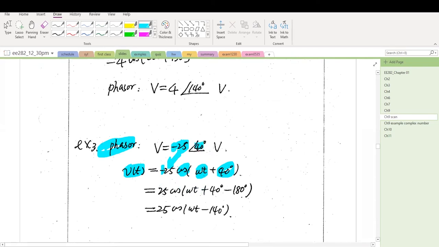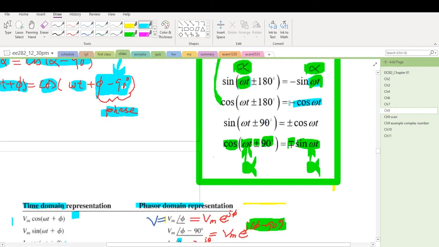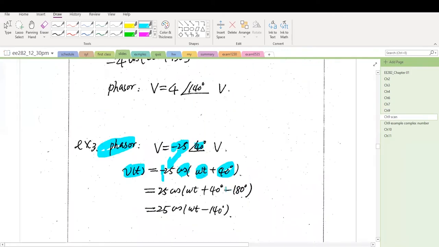If we want to get rid of the minus sign in front of cosine, we can use this formula: minus cosine(omega t) equals cosine(omega t plus or minus 180 degrees). We can choose either plus or minus. Here we choose minus because we want this angle to be greater than minus 180 degrees and less than 180 degrees.